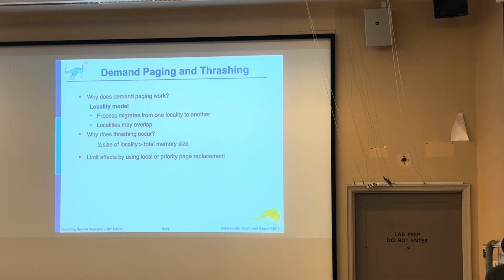Thrashing occurs because of the size of the locality sets that belong to all the processes in your computer. Let's say you have 10 processes in your computer. Each of them has its own locality set, which means the memory that is going to be accessed relatively frequently during a small period of time.